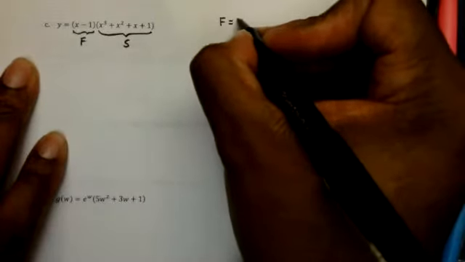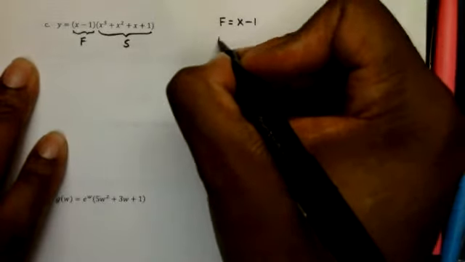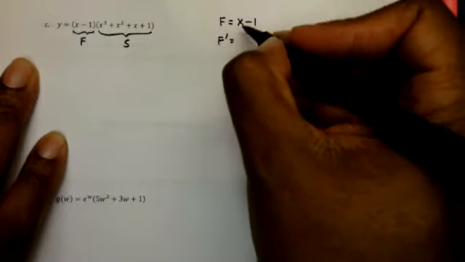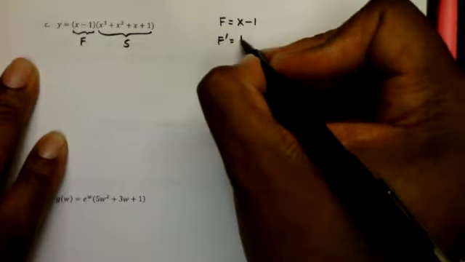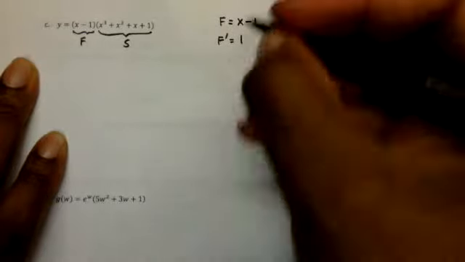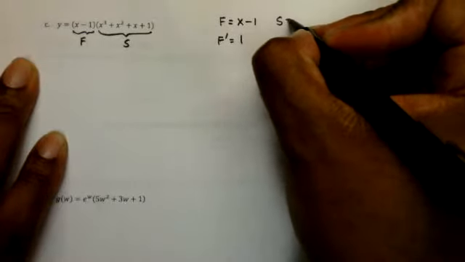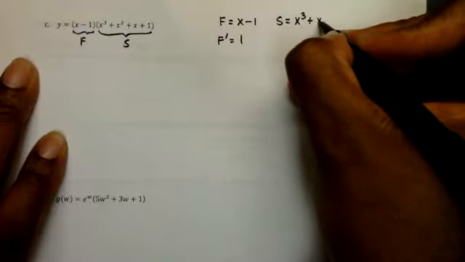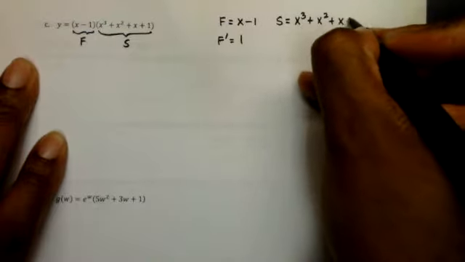So if the first term will be x minus 1, then f prime of that, or the first derivative of that, would be, well, the derivative of x is 1, the derivative of a constant is 0. And then the second is going to be x cubed plus x squared plus x plus 1.